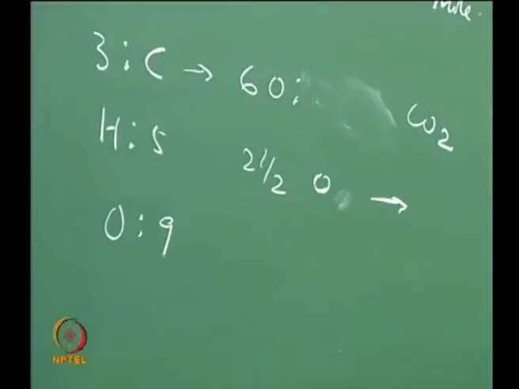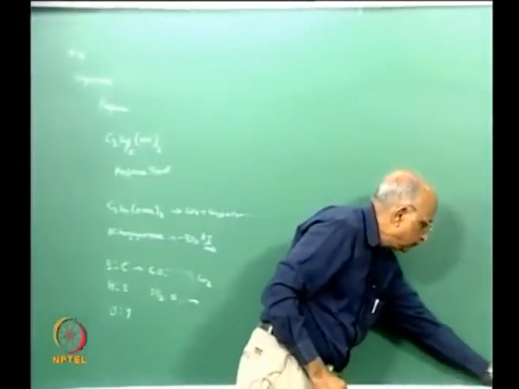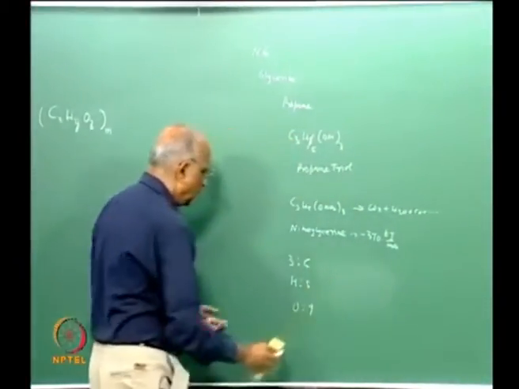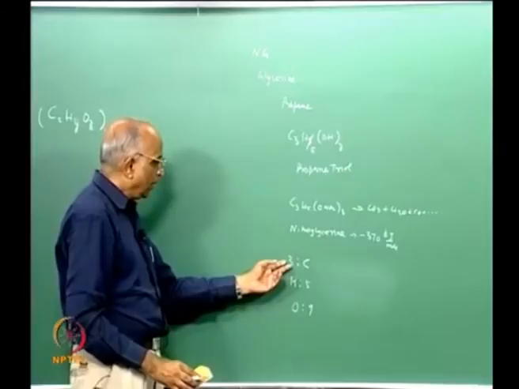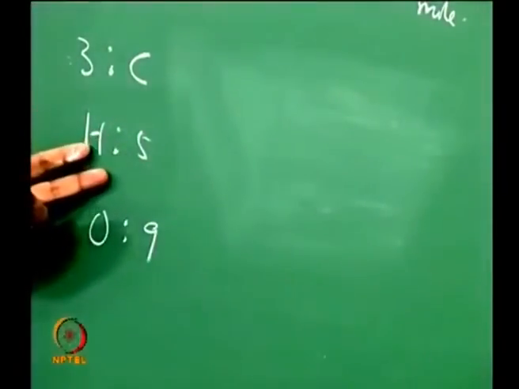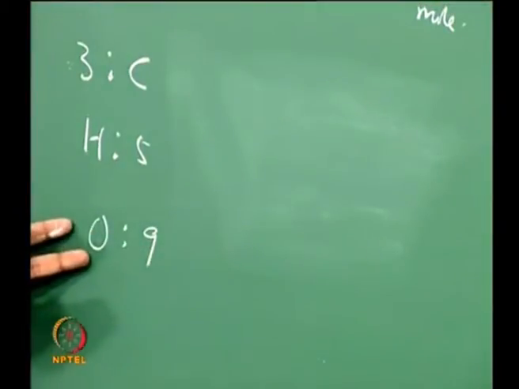I think I should repeat this again. In nitroglycerine molecule, I have 3 atoms of carbon, 5 atoms of hydrogen and 9 atoms of oxygen.